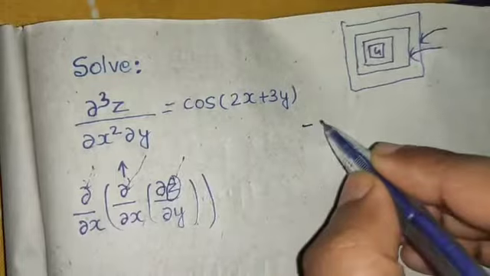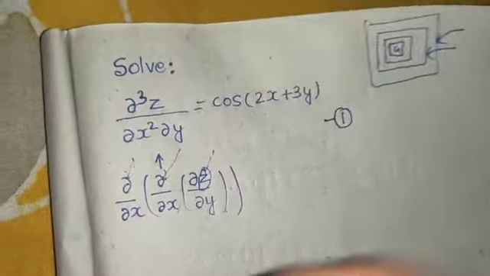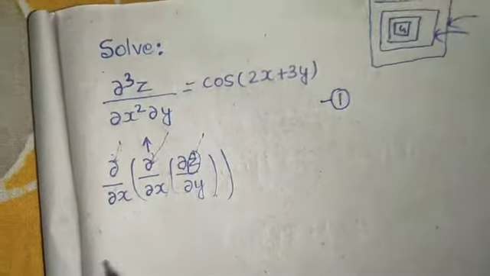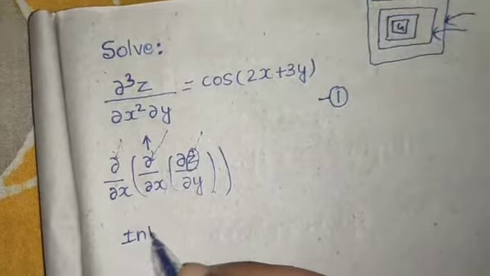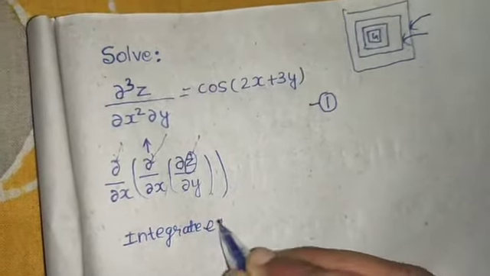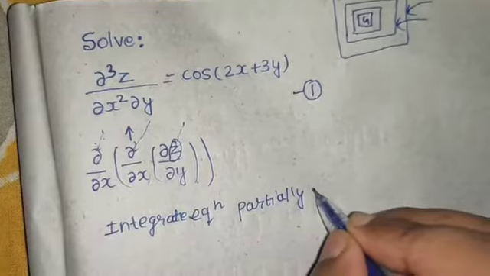So let's take this as equation number 1. And as I told, just unwrap, just integrate partially. So integrate equation number 1 partially with respect to x.